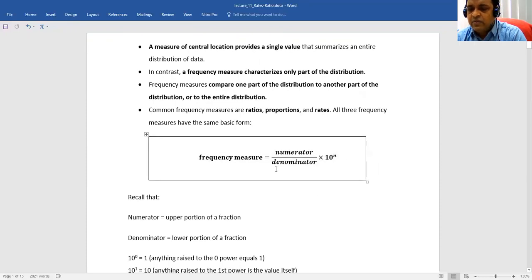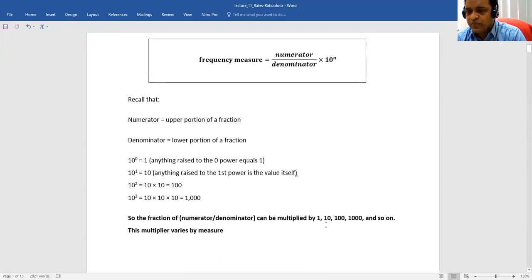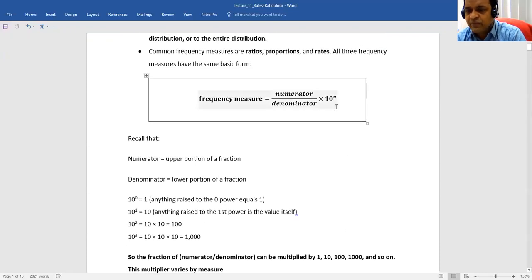The numerator is the upper portion of the fraction, and the denominator is the lower portion of the fraction. You multiply by 10 to the power n depending on which measure you are going to use. It may be per unit, per 10, per 100, per 1000 or more. So depending on the situation or measure, we can multiply the frequency measure.